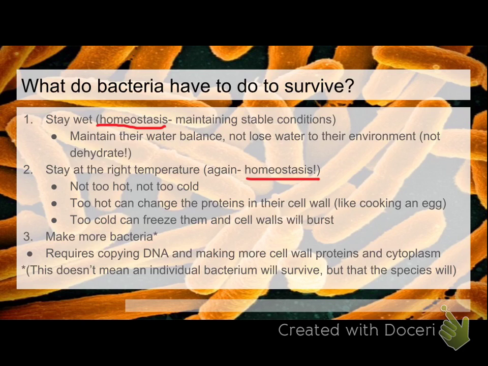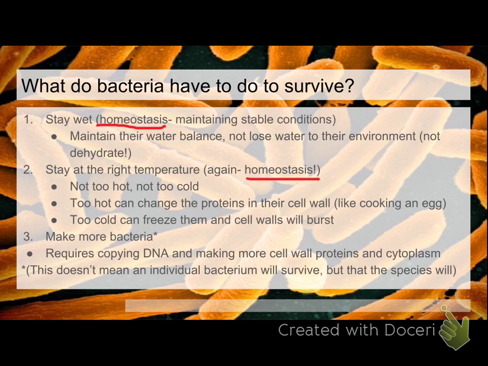Every living thing on this planet has to maintain stable internal conditions one way or another, or it dies. And you, the fine, complicated, multicellular organisms that you are, have a lot of ways to do that.